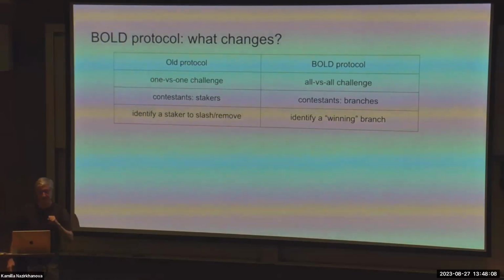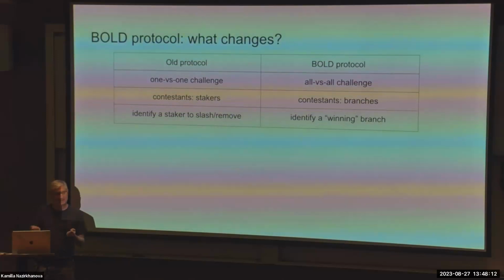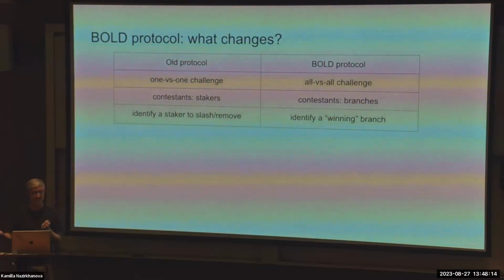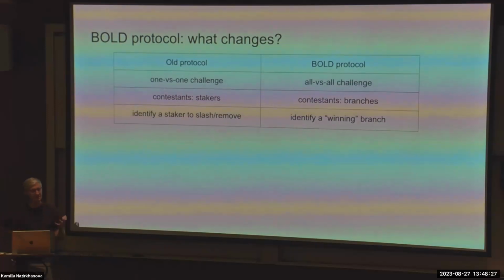But let me talk a little bit about the difference between the old protocol and this new BoLD protocol. In the old protocol, when there's a challenge, a disagreement, the challenge is a one-on-one contest between two stakers. And the outcome of the challenge is to identify one of those stakers as a liar. So we're going to remove that staker. And it naturally takes a tournament or multi-round process of these challenges if there are more than two people who are staked.